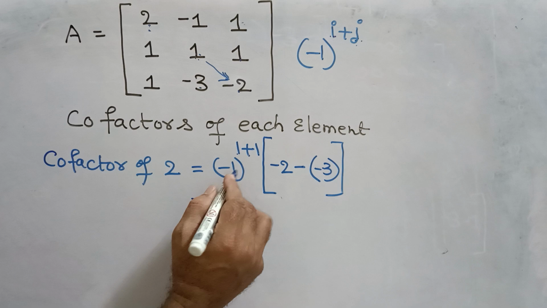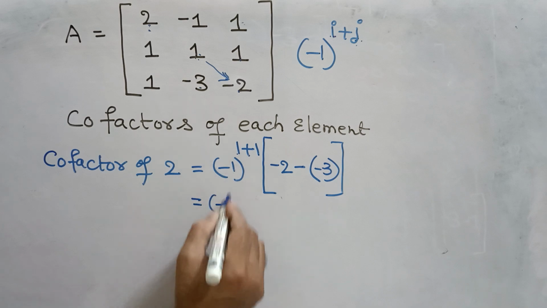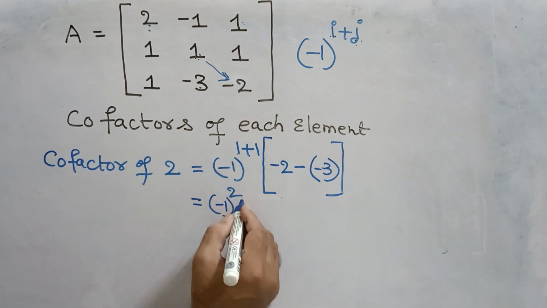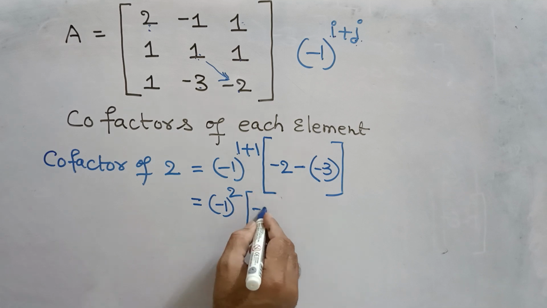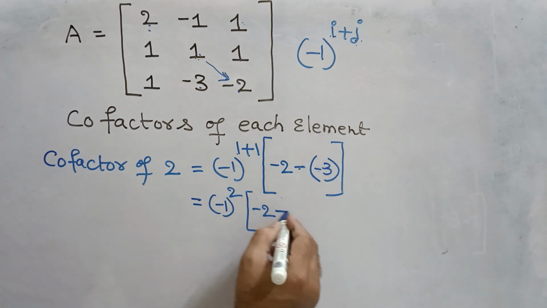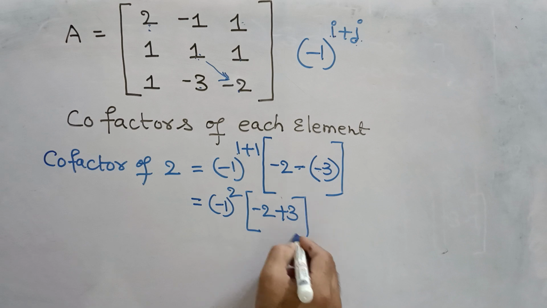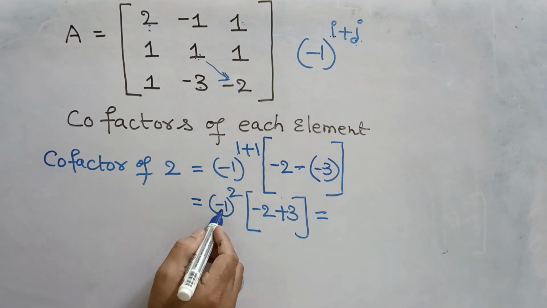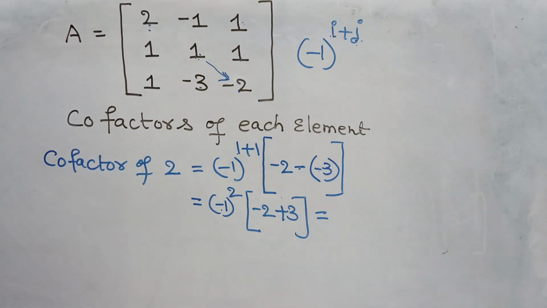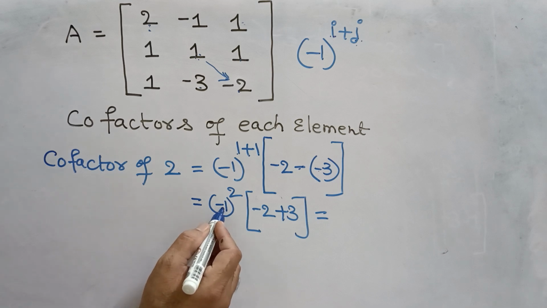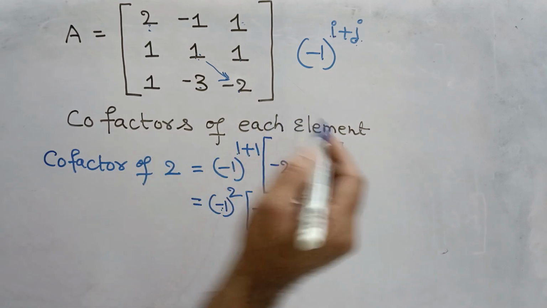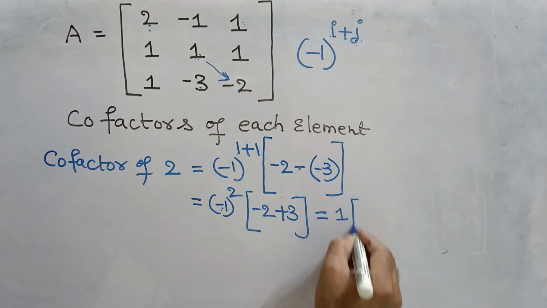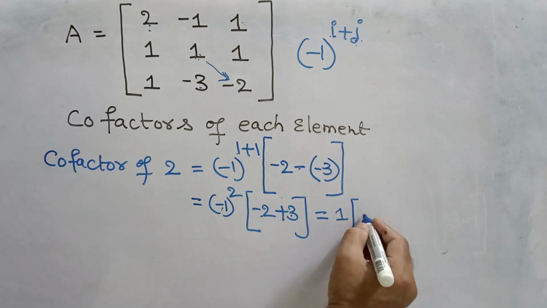Then it is equal to minus 1 plus 1, how much? It is 1 square. Then minus 2, minus into minus, plus 3. Am I correct? This is equal to minus 1 square. Minus 1 square, how much? Minus 1 into minus 1, it is plus 1. Therefore, plus 1 into 3 minus 2, it is 1.